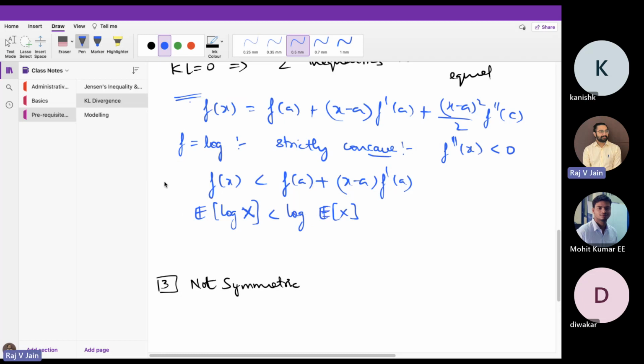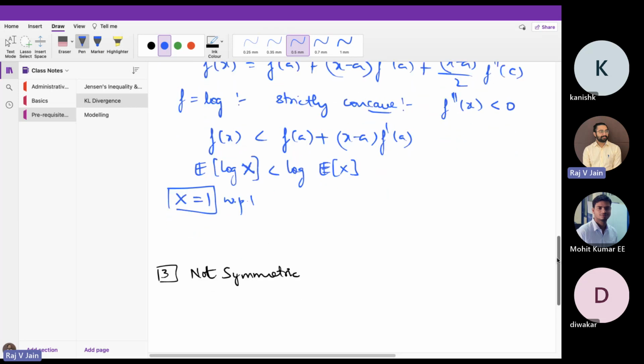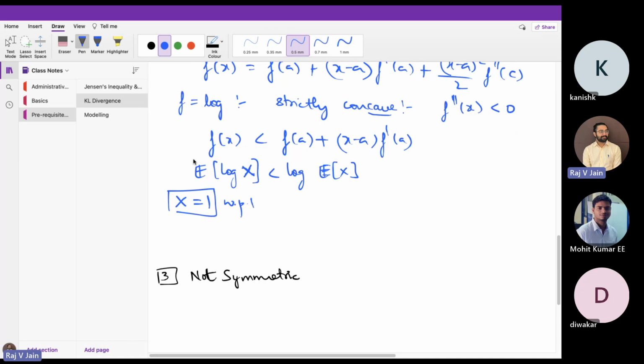So if x was random such that it always takes only the value one, with probability 1, then in a sense it's not random. Then log 1 becomes 0, the expectation of 0 is 0, and log 1 is again 0. So the inequality becomes equality, and I would have expectation of log x equal to log of expectation of x.